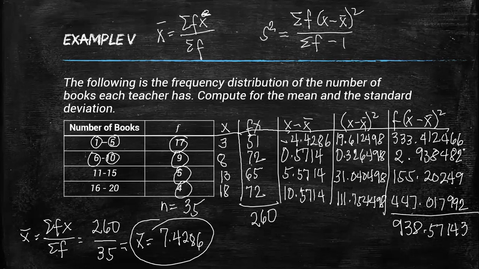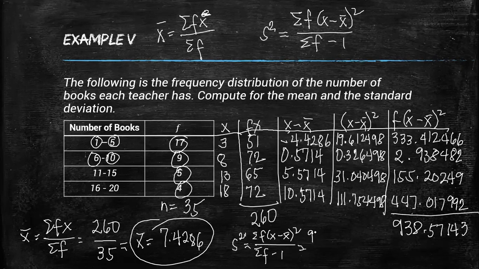Ayan. So kunin nyo lang yon. So we have, dito tayo sa baba ha. So S squared is equal to summation of F times X minus X bar squared over summation of F minus 1.